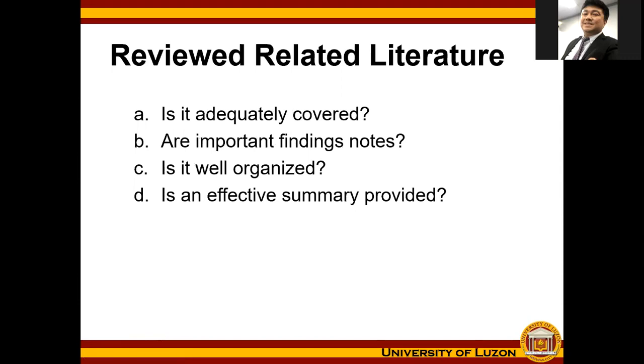Okay, so talking about your reviewed related literature, the first question is, is it adequately covered? What do we mean by is it adequately covered? Meaning let's look into what we have part of our related literature, so that you can figure out whether it's adequate or not.